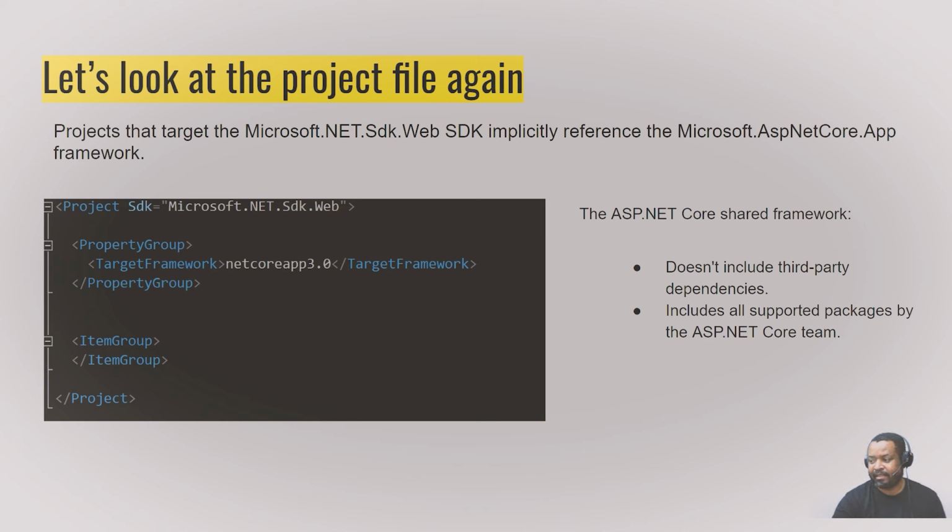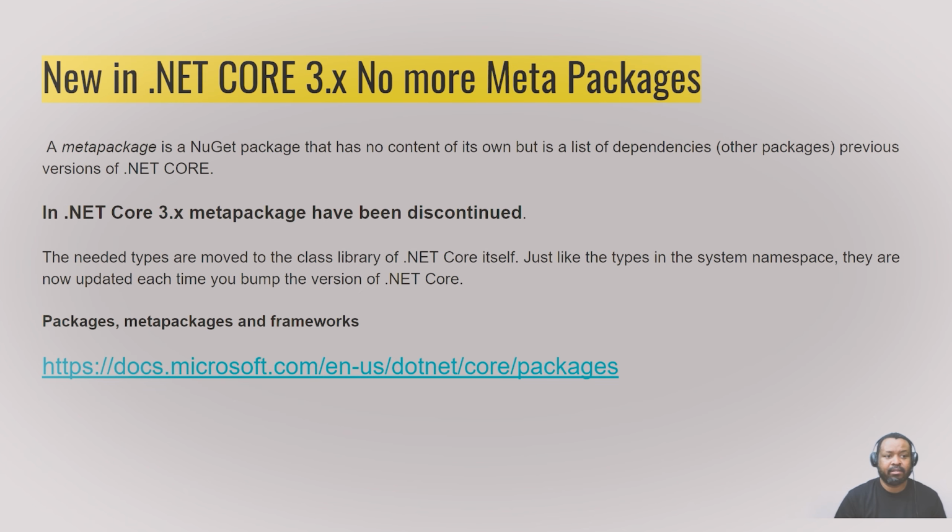Okay, let's get along here. Now there's an important thing to know. New to .NET Core 3.x, no more meta packages. A meta package is a NuGet package that has no content of its own, but it is a list of dependencies and other package versions of .NET Core.